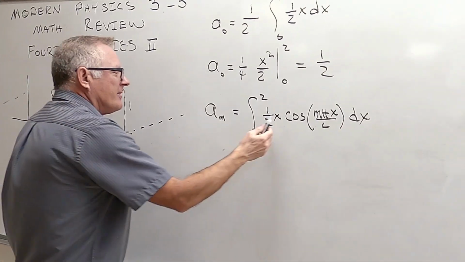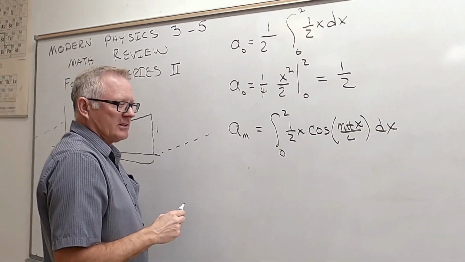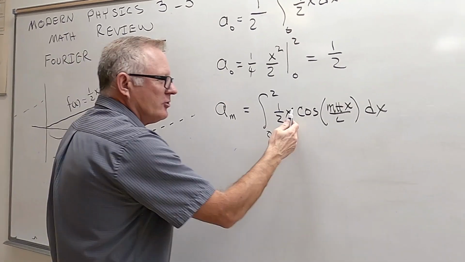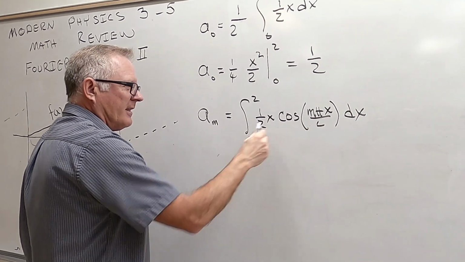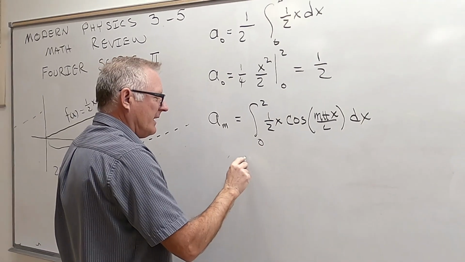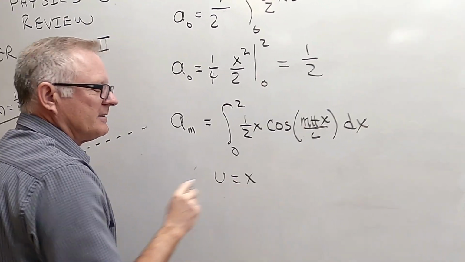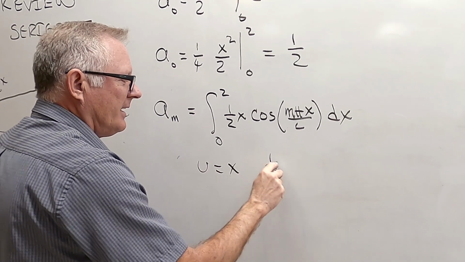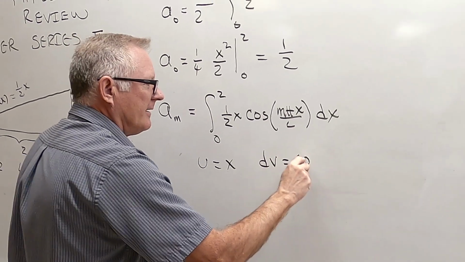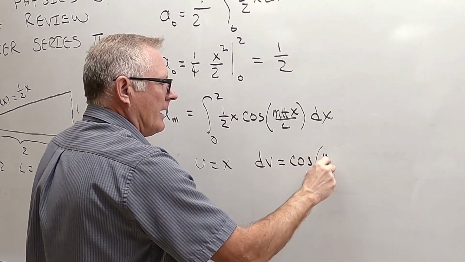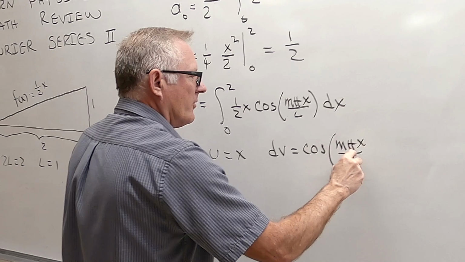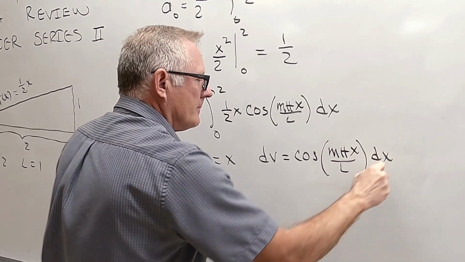I can bring out the half, and if I bring out the half, I'll use integration by parts on the other piece. We'll let u equal x, and we'll let dv equal the cosine of m pi x over L dx.